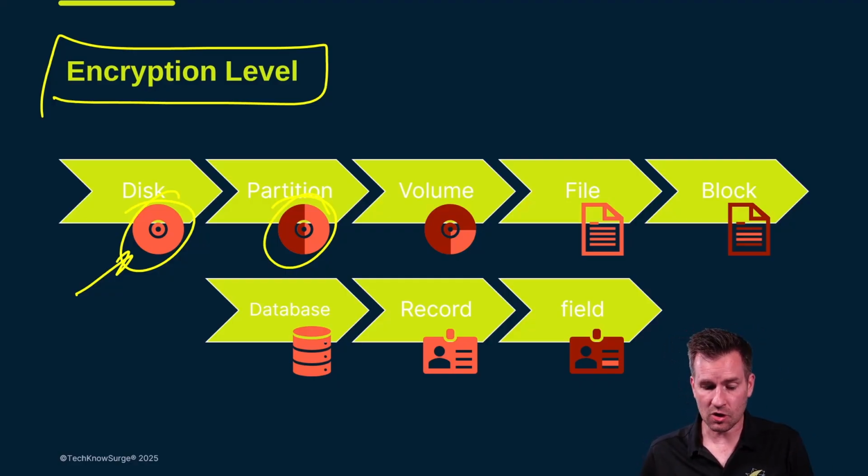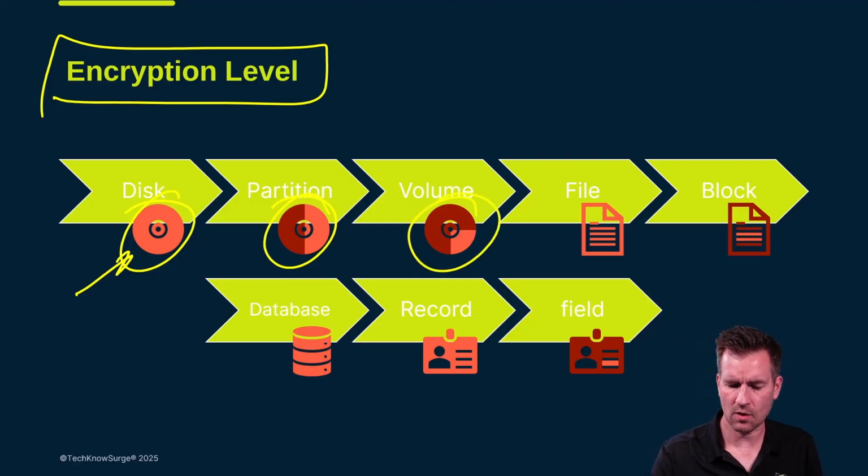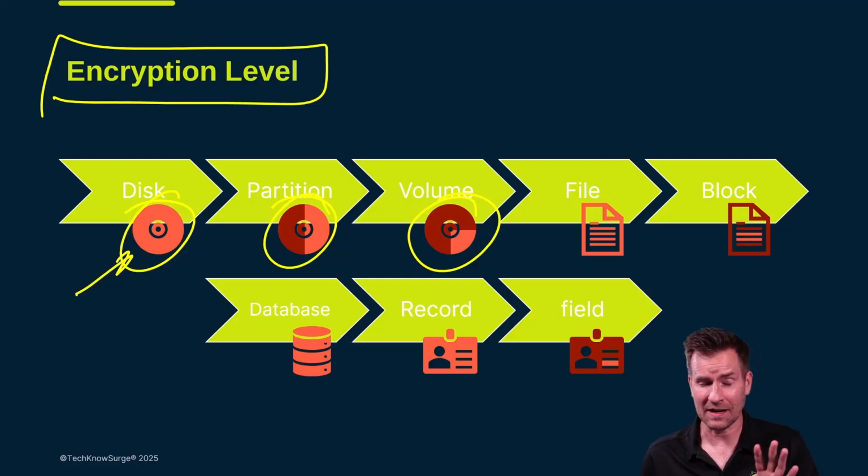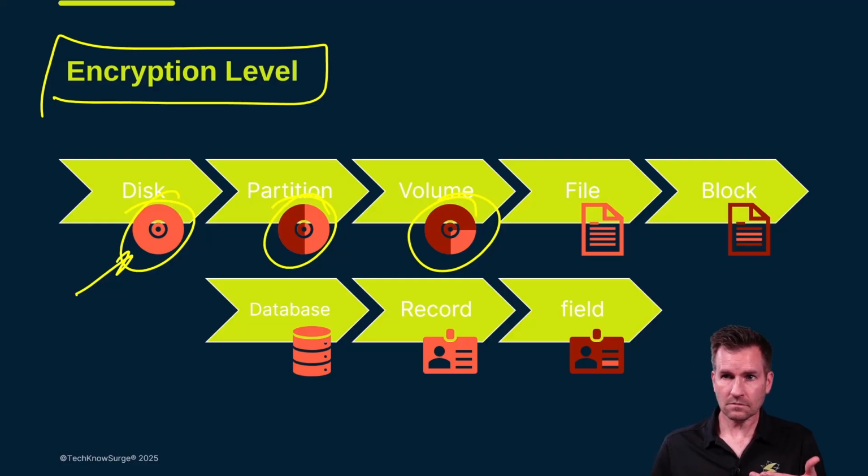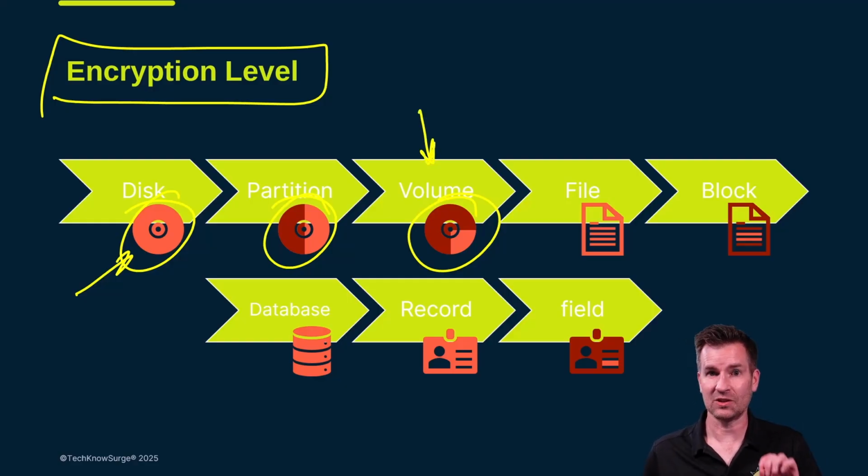Those partitions could have multiple volumes on them, so we could encrypt things at the volume level. By the way, there are some terminology changes depending on the technology. For instance, with virtualization, we just call them all volume levels because the physical disk is in the back, so we don't really address that most of the time when it comes to virtual volumes.